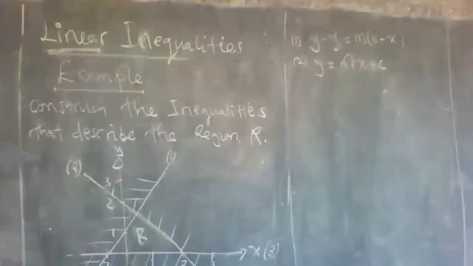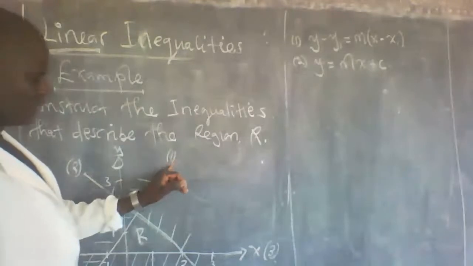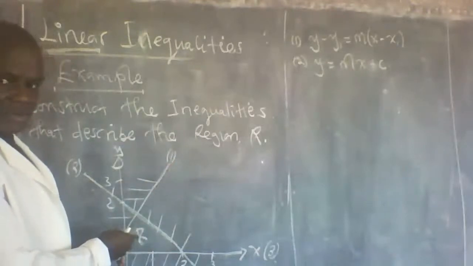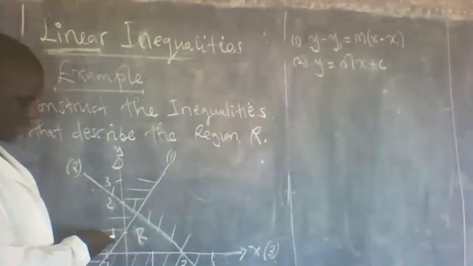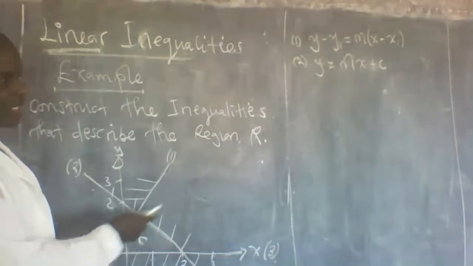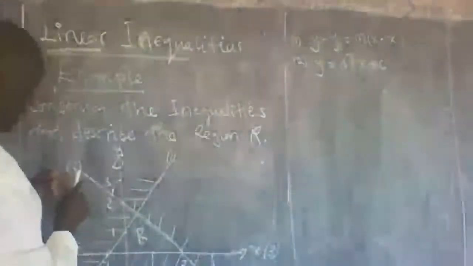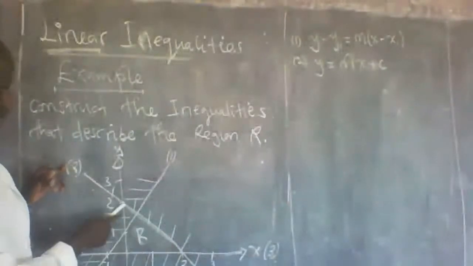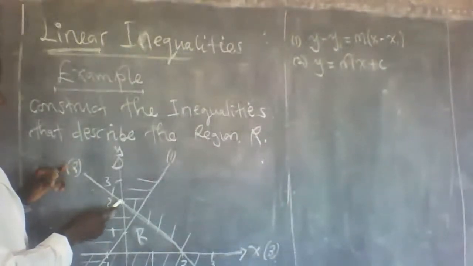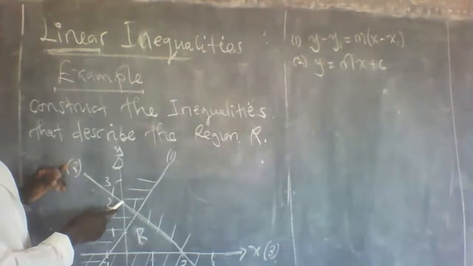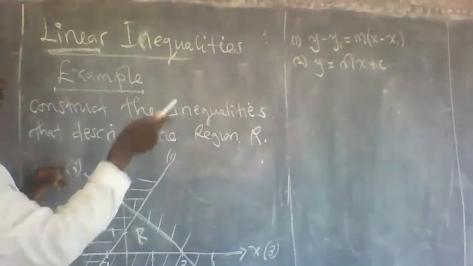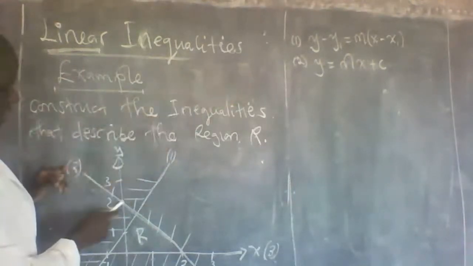Right, back. If you look at this line, it's crossing the y-axis at the point 1. Therefore, our y-intercept here is 1. Line number 2 is crossing the y-axis at point 2. Therefore, the y-intercept, which is c, is 2.